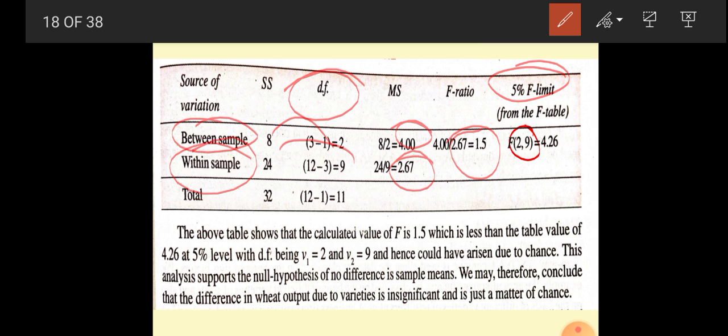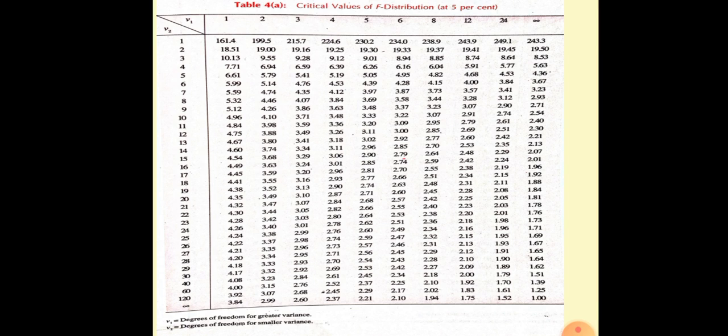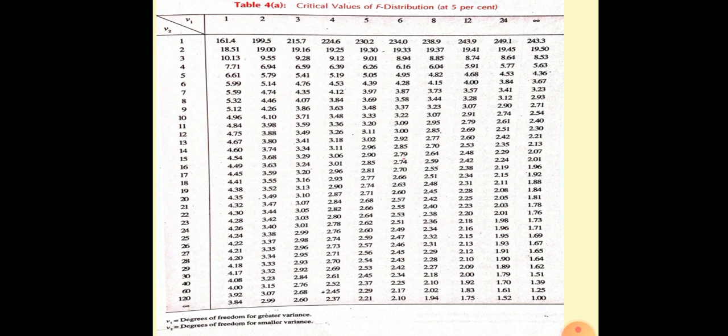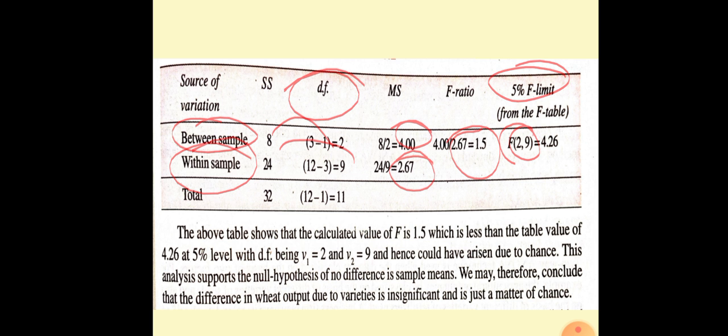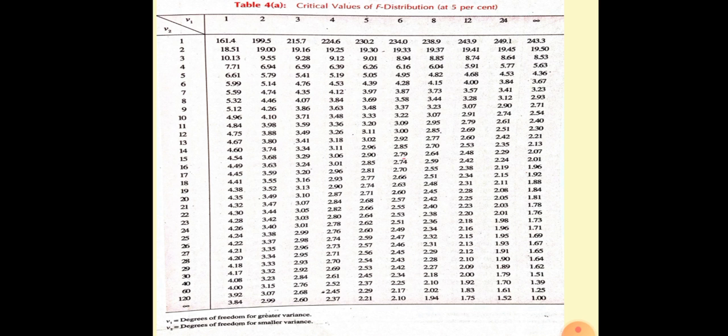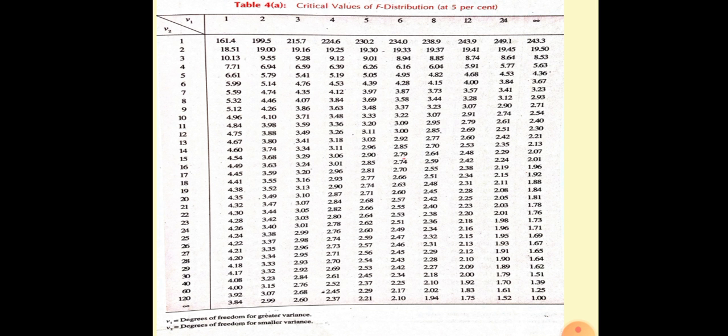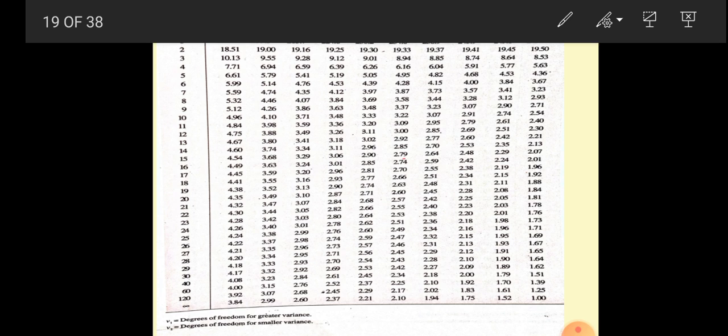We have to find the value for 2 and 9. So here is the table. You can look from here: 2 and 9, the second column is 2, and 9 is here, so for 2 and 9 it will be 4.26.